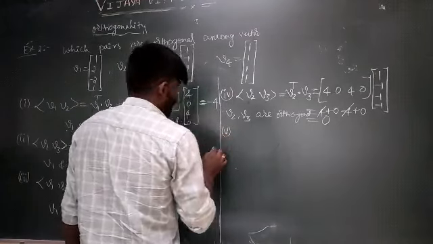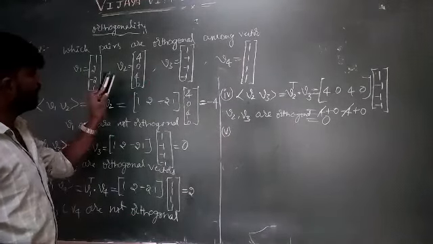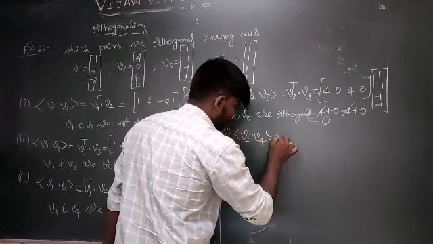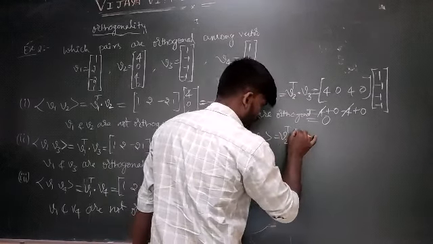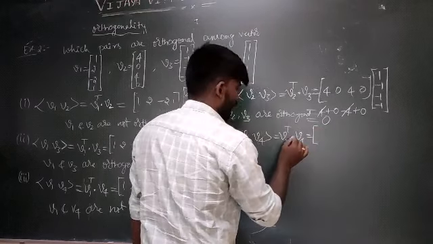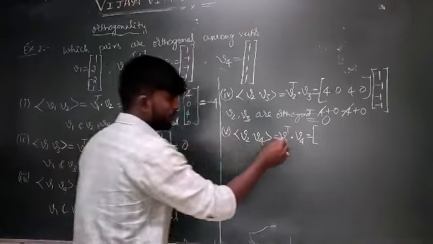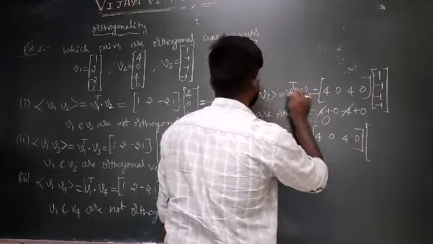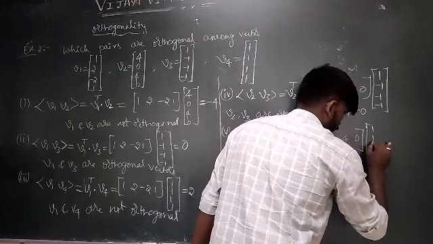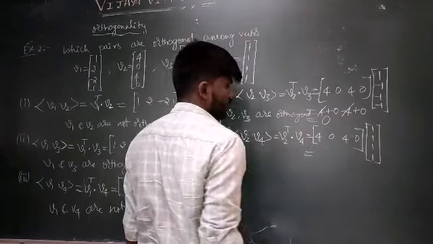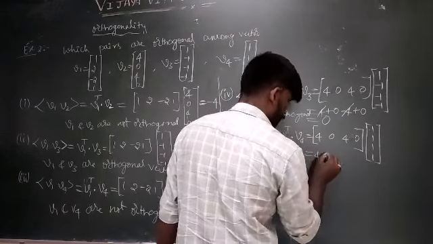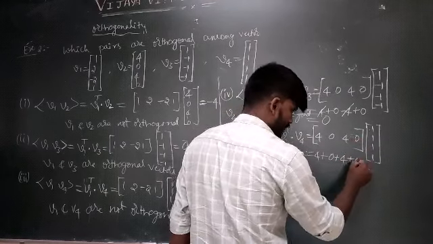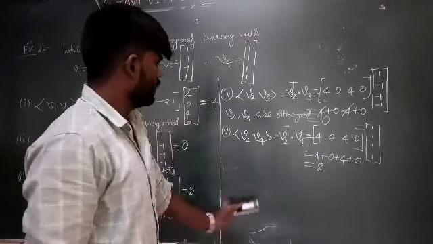The fifth pair is v2 with v3, which is already over, and v2 with v4.